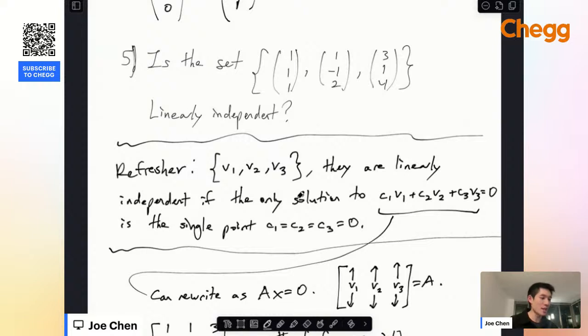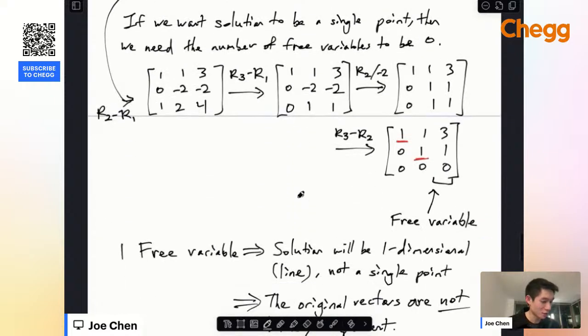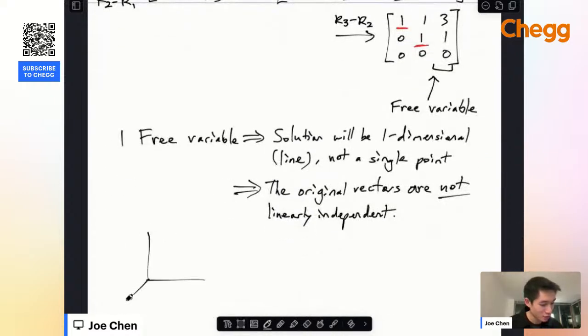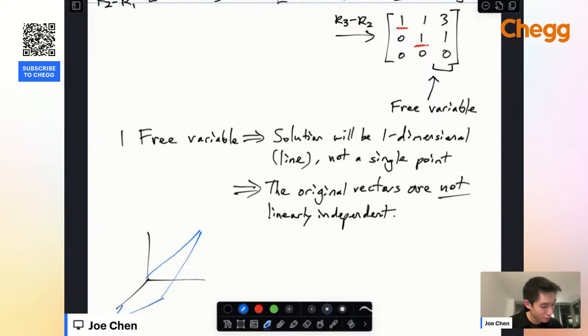What I mean is that if you extend the lines for each vector, and if I take two of them and draw the plane that goes through them, then the third vector would also be on this plane somewhere.